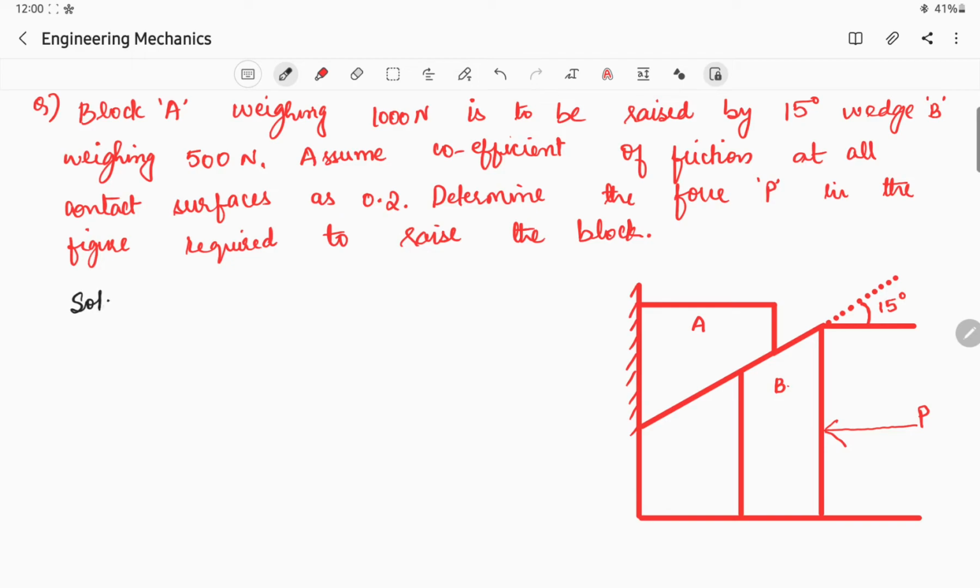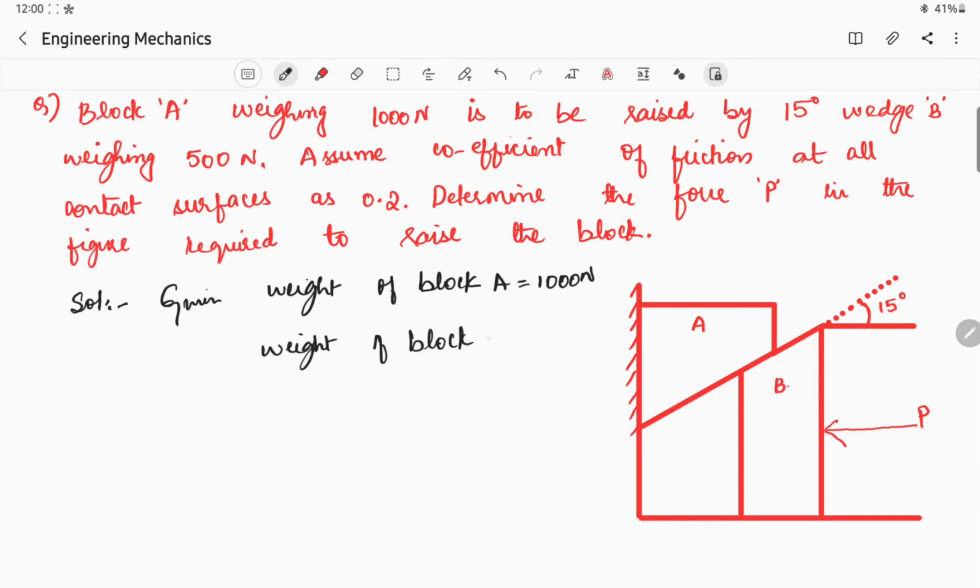I'll write here the given data first. What are the things given? Weight of block A is equal to 1000 Newton. Then weight of block B is equal to 500 newtons.